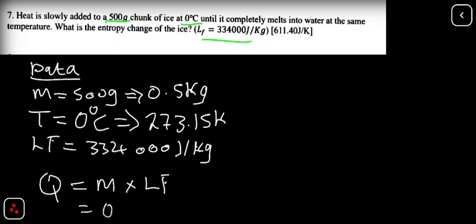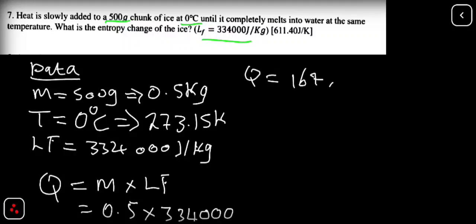Since the mass is 0.5 kg multiplied by the latent heat of fusion, 334,000, when you multiply 0.5 times 334,000, you're going to get Q equal to 167,000 joules.